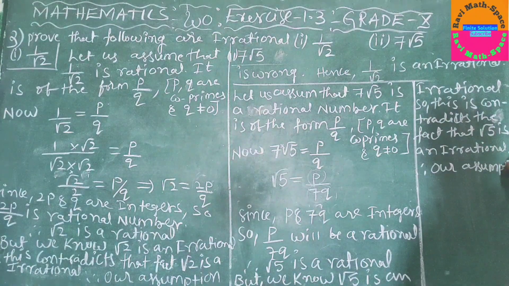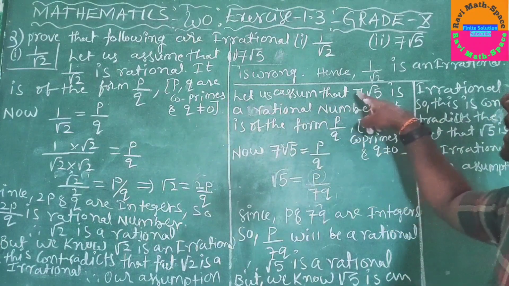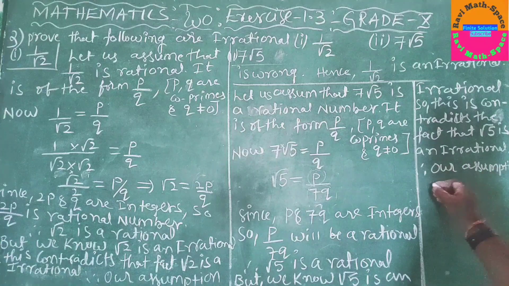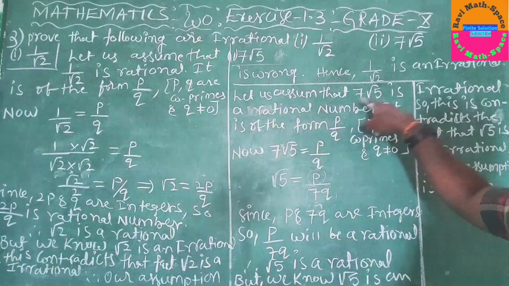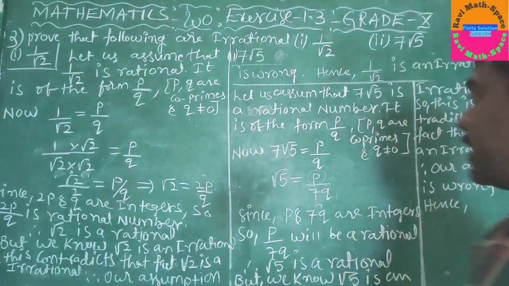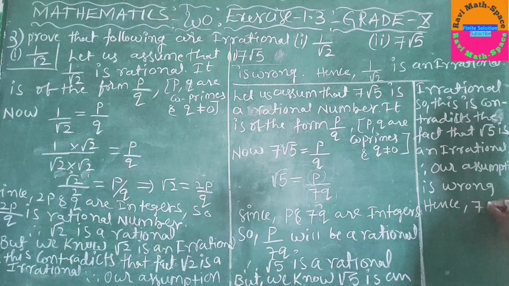Our assumption that 7 root 5 is a rational number is wrong. Hence we can conclude that 7 root 5 is an irrational number.